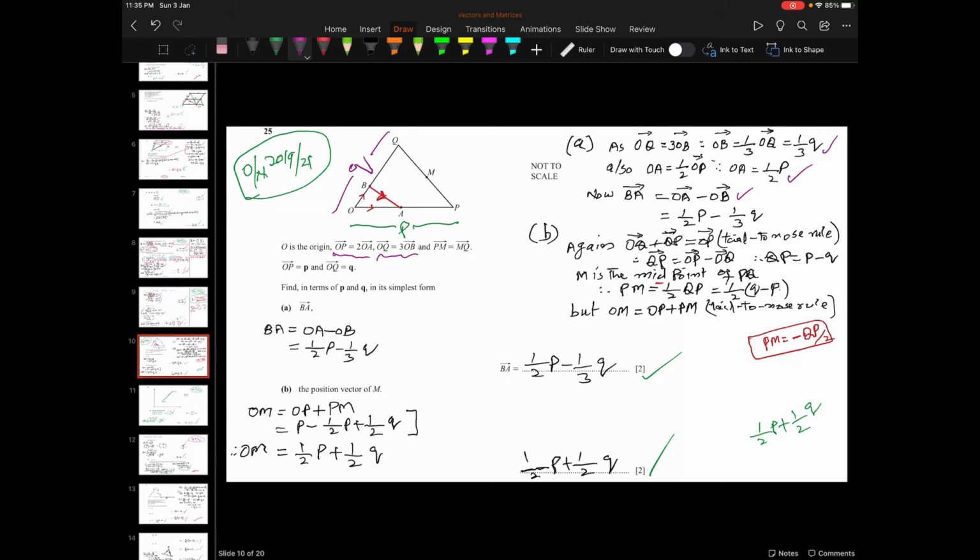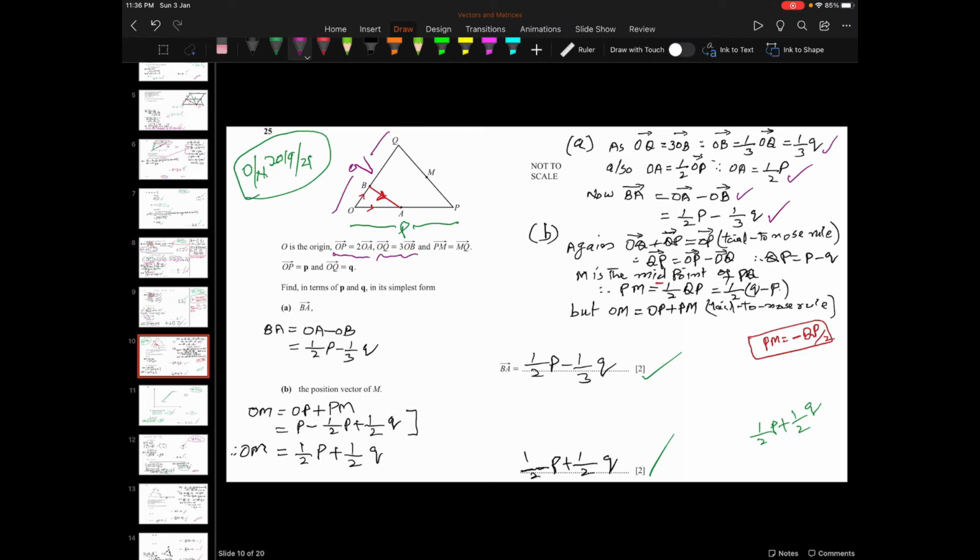Now substitute the values of vector OA and OB. We have BA is equal to half P minus 1/3 of Q. That is the part A.